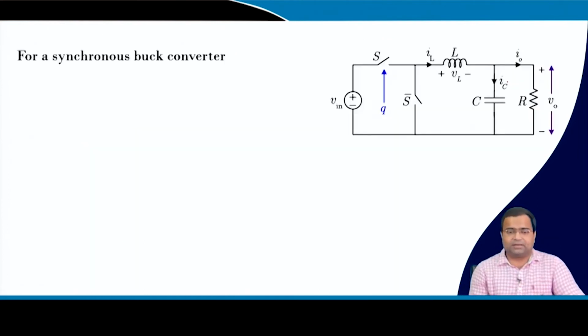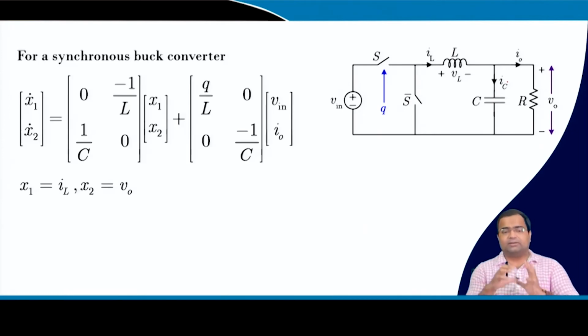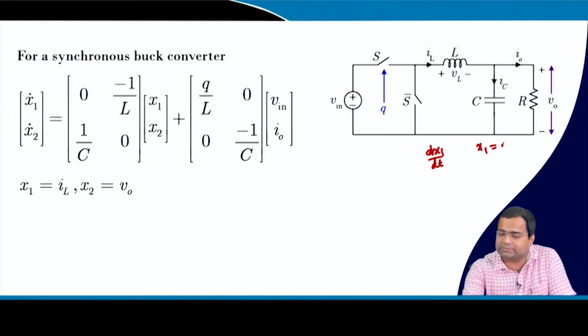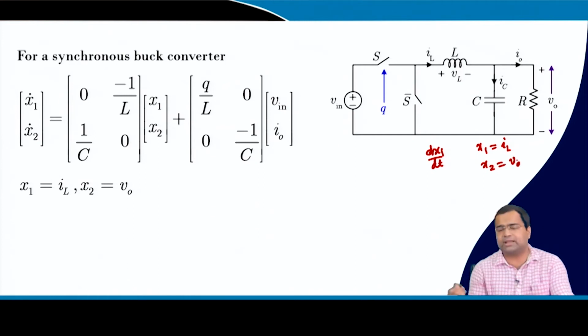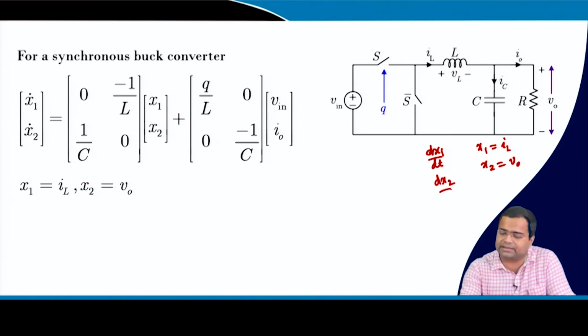Now, for a synchronous buck converter, we can write the state space equations dx1/dt, where x1 is my inductor current and x2 is my output voltage. For the ideal case, it is also the capacitor voltage. And we can also obtain dx2/dt.